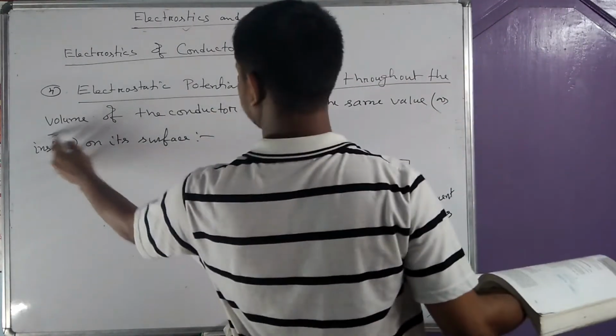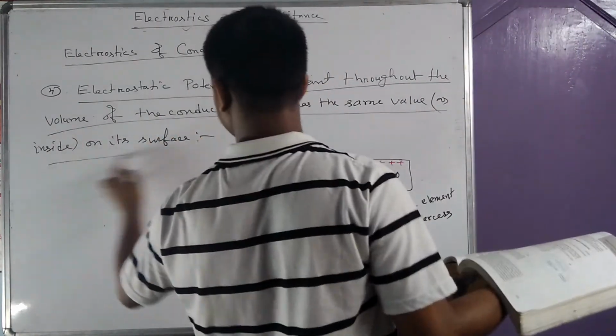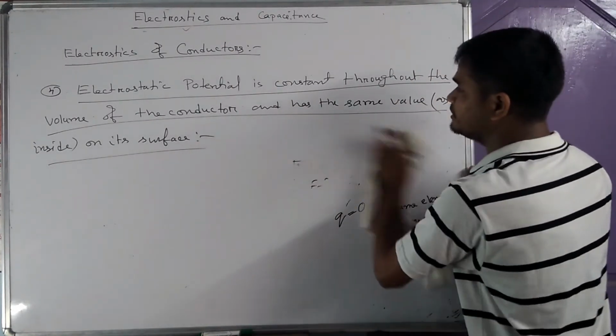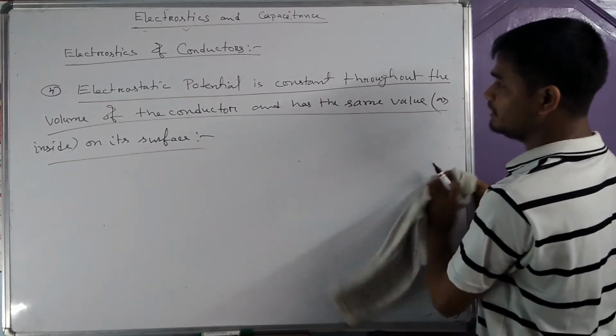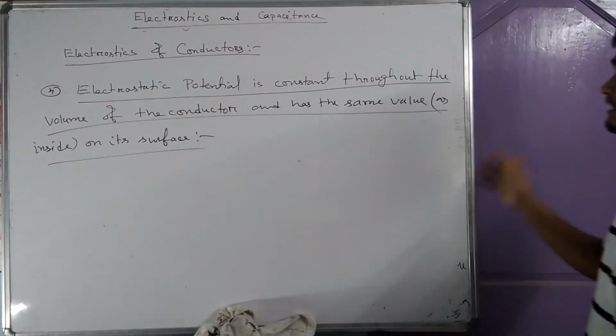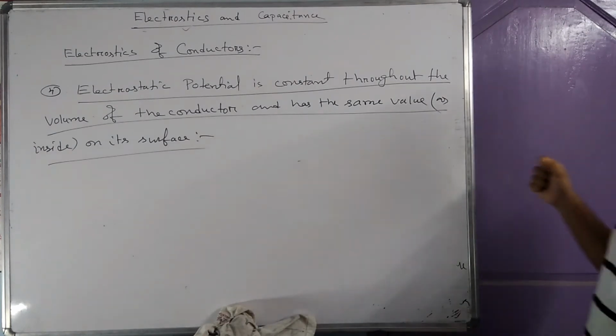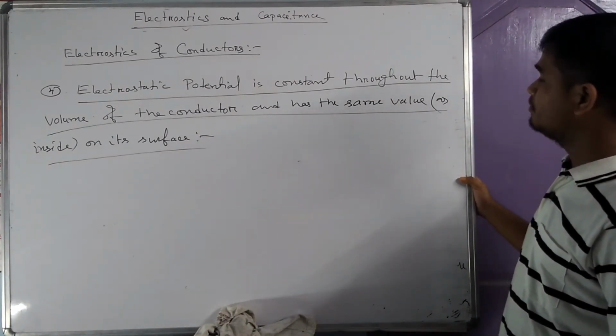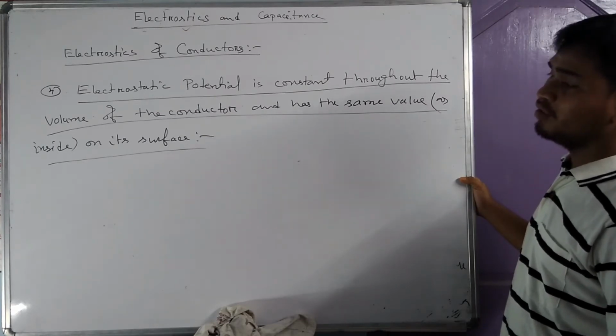What is this? Here, electrostatic potential is constant. Electrostatic potential is constant throughout the volume of the conductor and has the same value as inside on its surface.